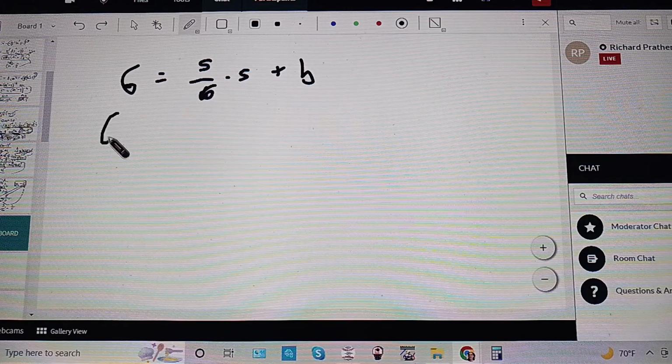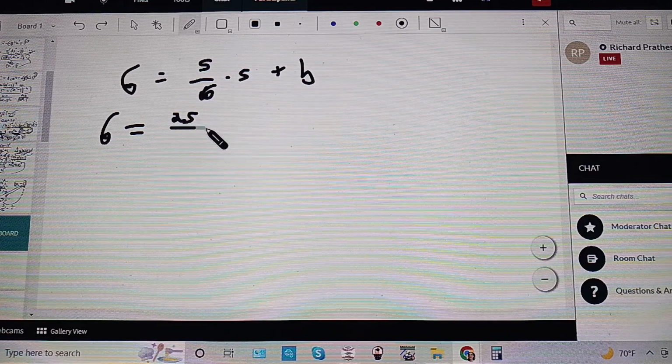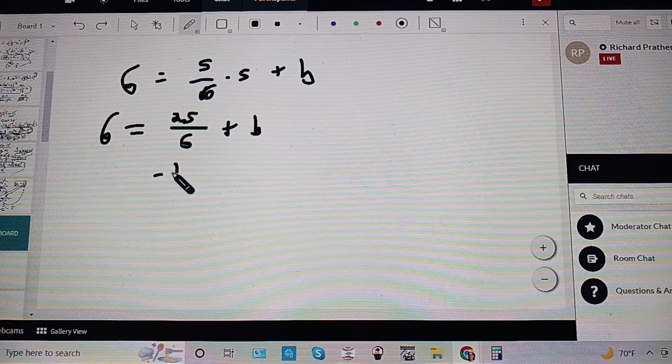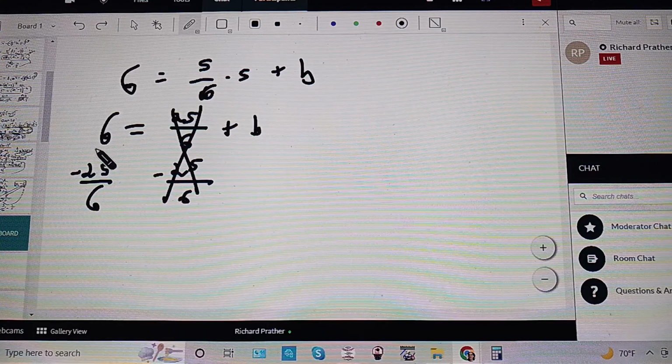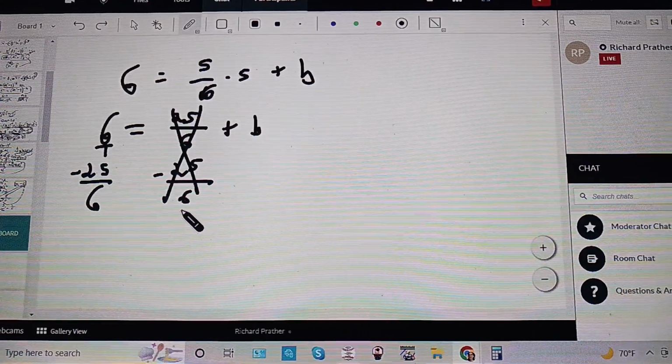So this is going to be messy, but 5 times 5 is 25. So I'm going to subtract 25 over 6 to get b by itself. And the issue is that 6 has a 1 in its denominator. They need to have common denominators, otherwise you can't subtract them.